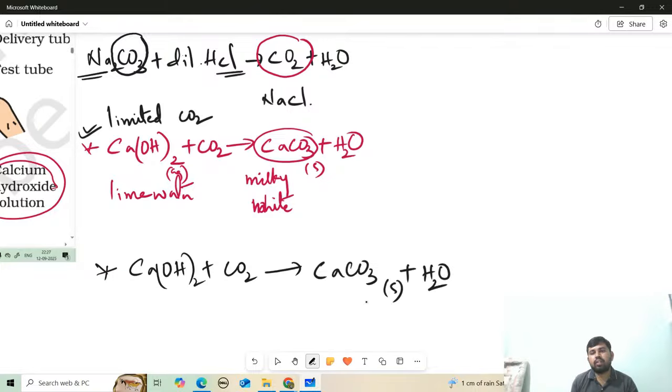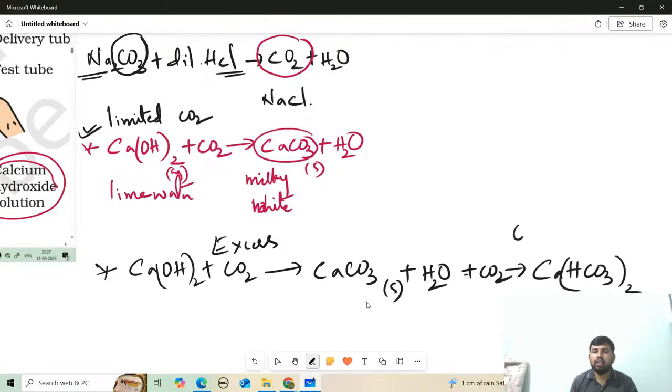Again, if you are supplying an excess amount of CO2, I'll write here CO2. So this gives rise to Ca(HCO3)2, calcium hydrogen carbonate. This is colorless.